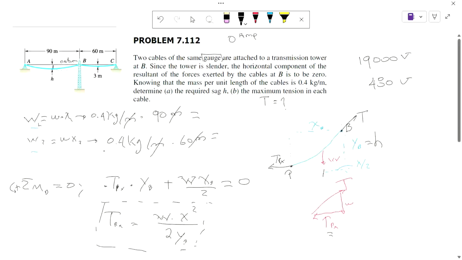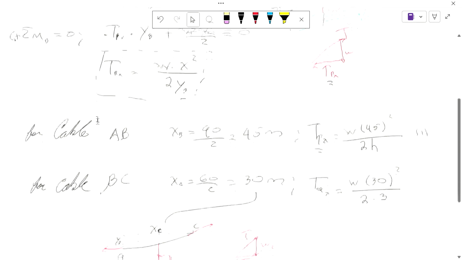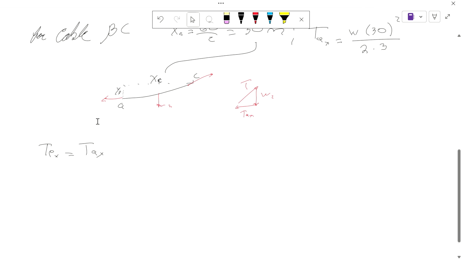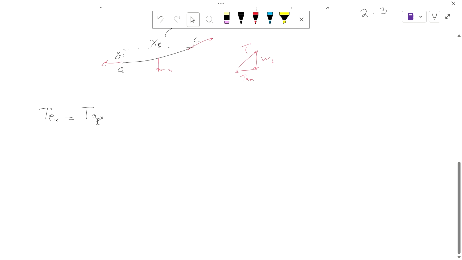Whatever tension we have here has to be the same tension that we have here, and we make that H whatever it has to be to make those tensions the same. You start with one design, one line, and then everything else you can equate to the tension here. You keep finding the tensions throughout your system so that every tension is based on the tension that you start from. You don't want to have cables with different tensions, because that's not good for the electrical aspect of it either.